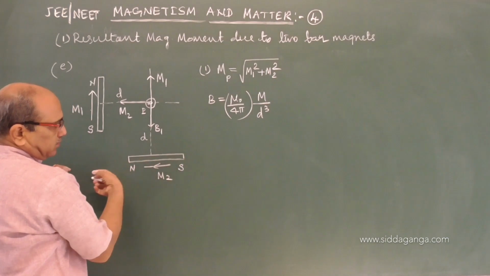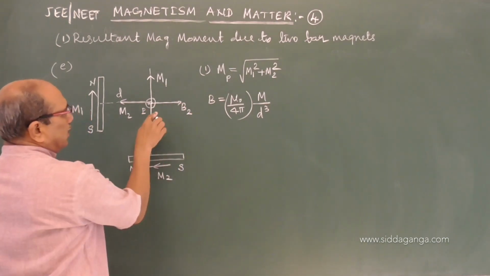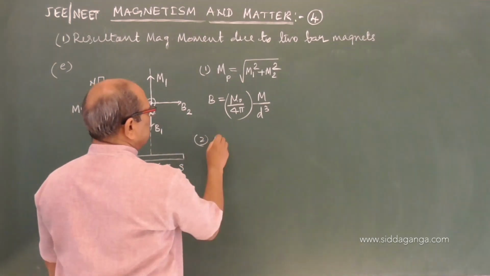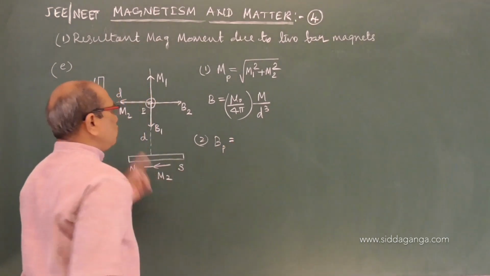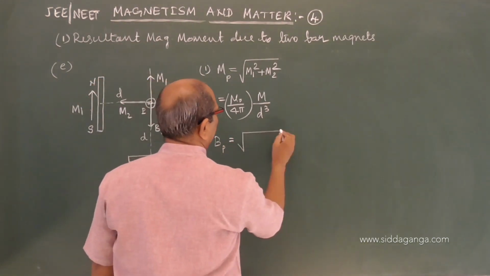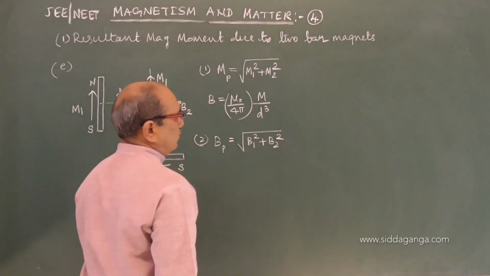And the moment of this is left, therefore the field is towards right, B2. Again the angle is 90 degrees, therefore the resultant field at P due to these 2 bar magnets is equal to root of B1 square plus B2 square.